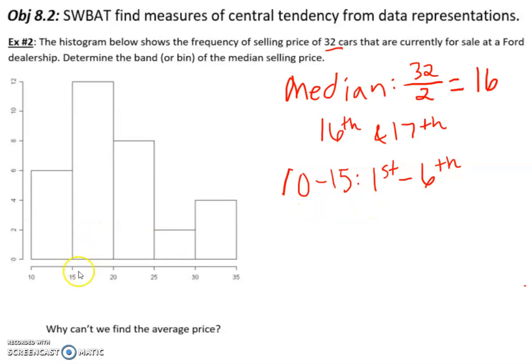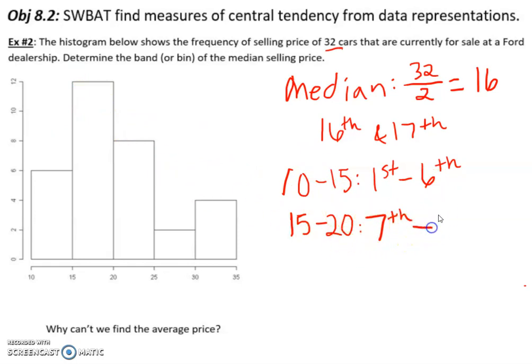This next bin, which is between $15,000 and $20,000, contains 12 cars. So there are 12 cars that are being sold for between $15,000 and $20,000. We left off at our 6th car, so that means the cars that are being sold between $15,000 and $20,000 include our 7th, and then 6 plus 12 is 18.